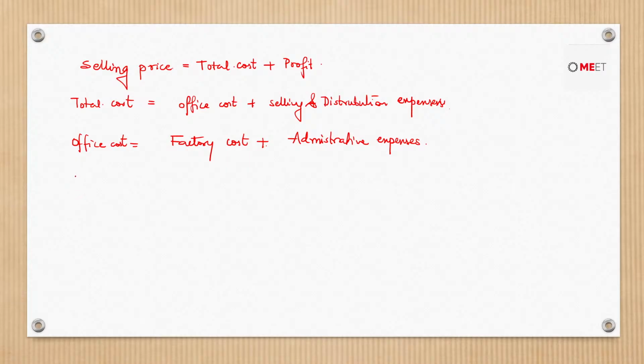Next is prime cost. Next is factory cost. Factory cost is prime cost plus factory expenses.